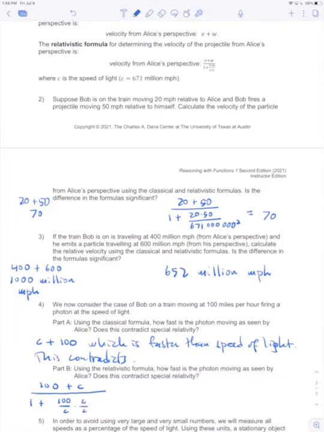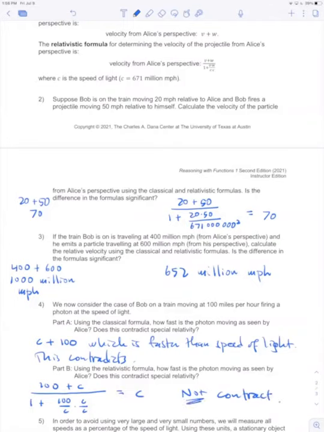We can write it like that. And this is going to equal c, the speed of light. So this does not contradict the fact that the speed of light is constant.